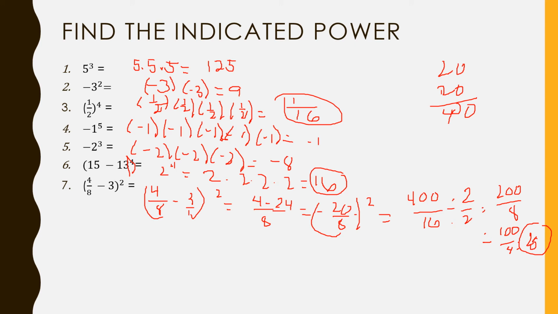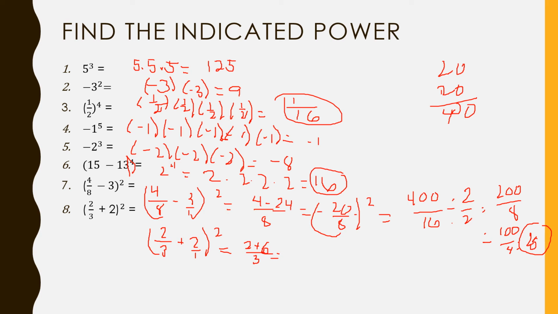Next. We have here 2/3 plus 2, squared. The denominator of 2 is 1. So the LCD is 3. 3 divided by 1 is 3 times 2, 6.